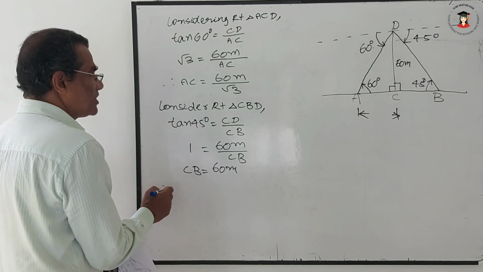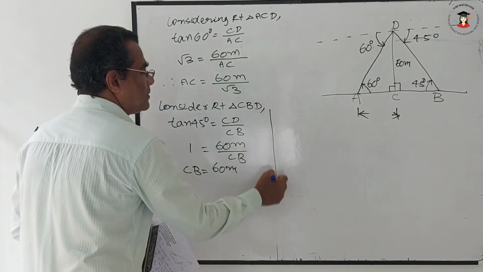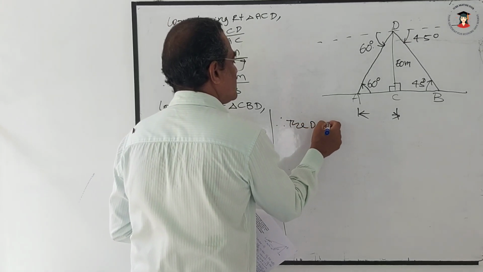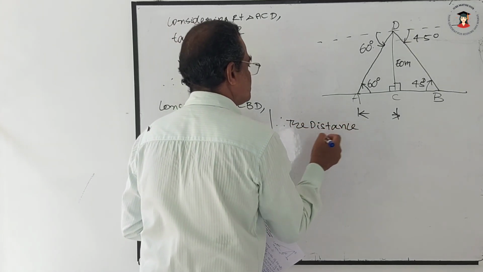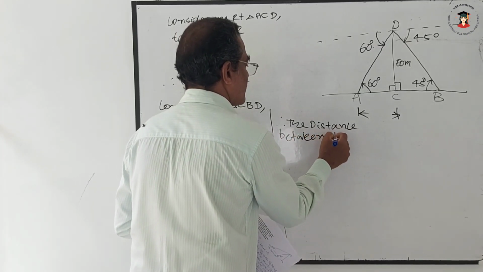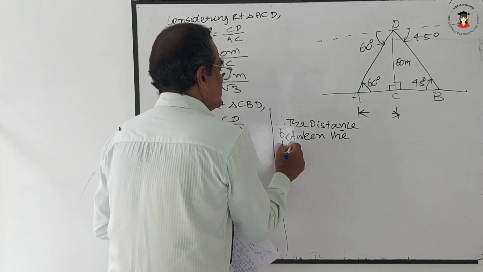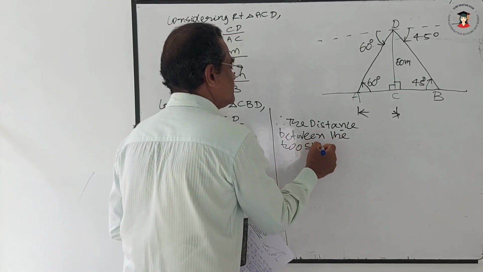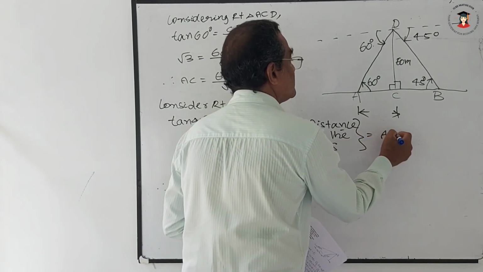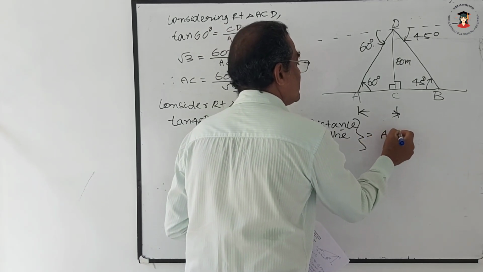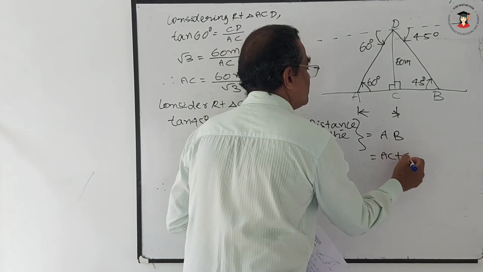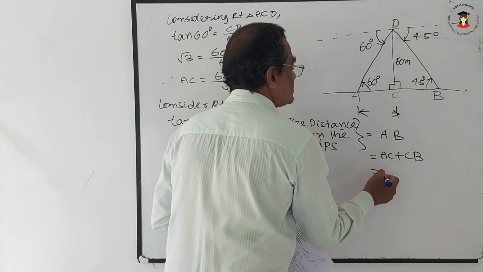Therefore, the distance between the two ships, which is AB, and AB is the sum of AC plus CB, and both we found out.